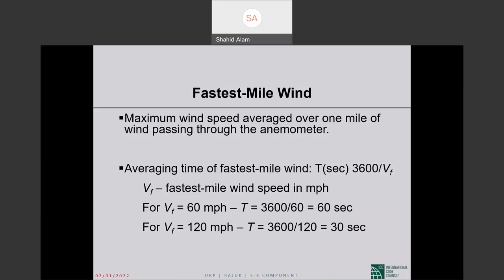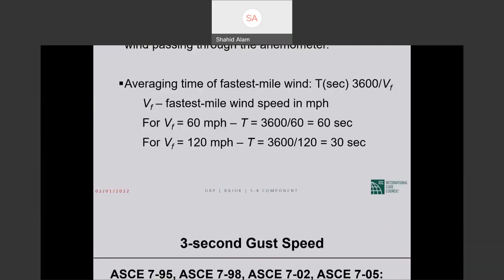If the wind speed was 120 miles per hour, it would take a mile of wind only 30 seconds to go through the instrument. And since wind velocity is typically in that range of 60 to 120 miles per hour, our averaging time was between 30 and 60 seconds.